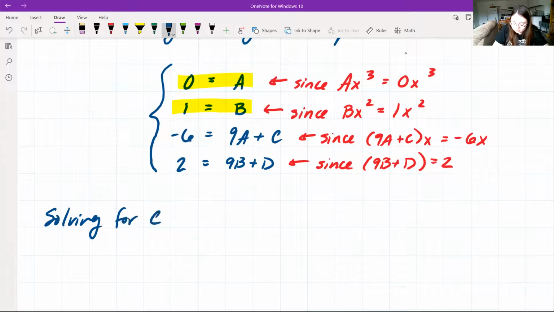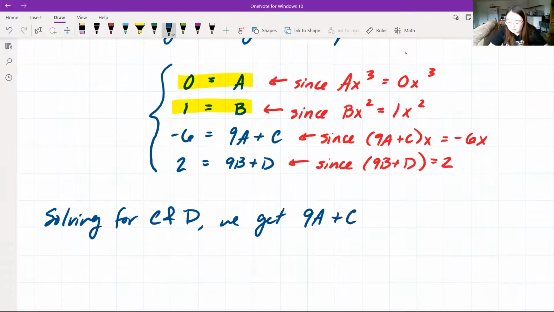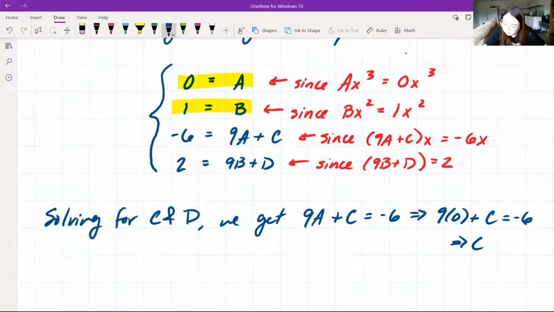Solving for c, we have 9a plus c is equal to negative 6, where we know that a is equal to 0. So it's really just 9 times 0 plus c is equal to negative 6, so c is equal to negative 6.